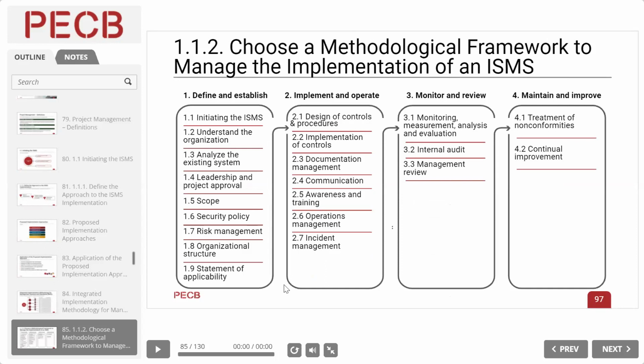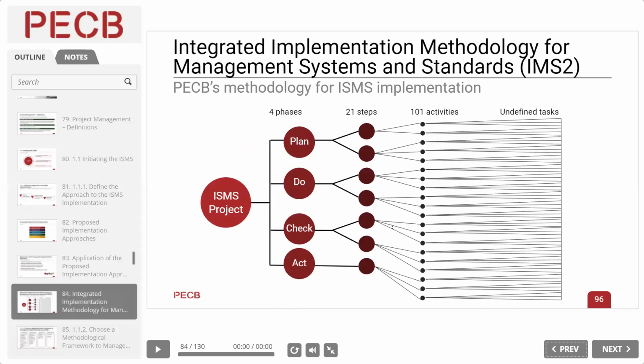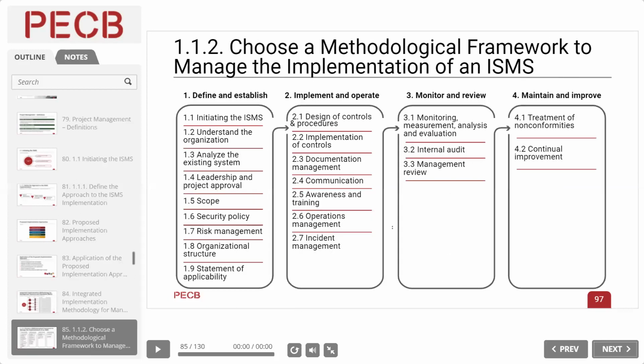And as you can see, it is aligned to Plan, Do, Check, Act. So basically, any methodology that will enable you to align with Plan, Do, Check, Act would be best. Again, this is not prescribed, but it would be advisable that you go with that alignment.